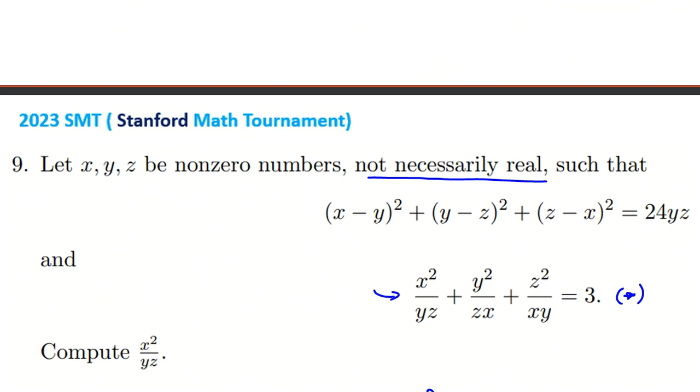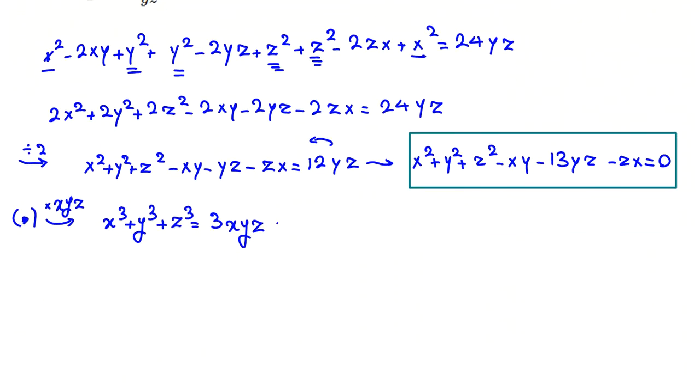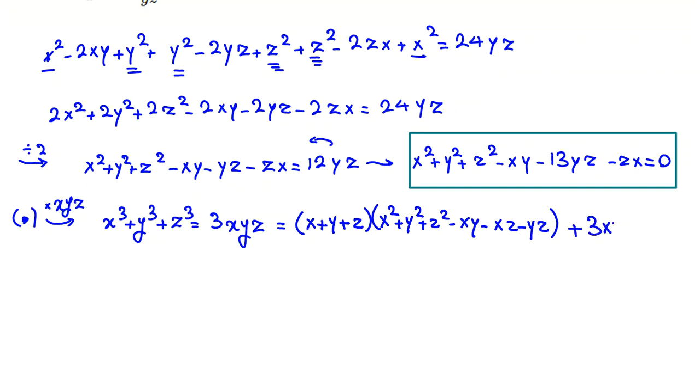As you can see, we know x cubed plus y cubed plus z cubed is x plus y plus z times x squared plus y squared plus z squared minus xy minus xz minus yz, plus 3xyz. Okay, so we can cancel 3xyz from both sides, so the product of two terms equals 0.